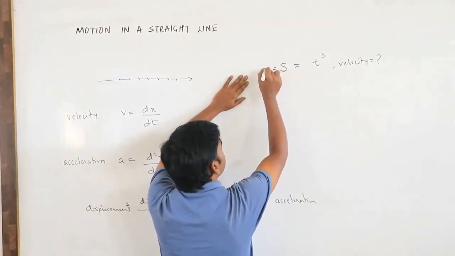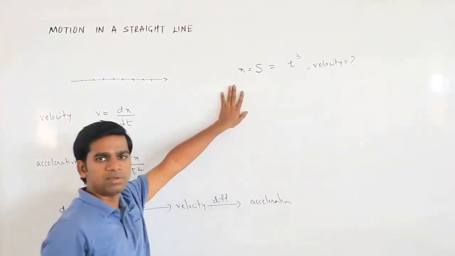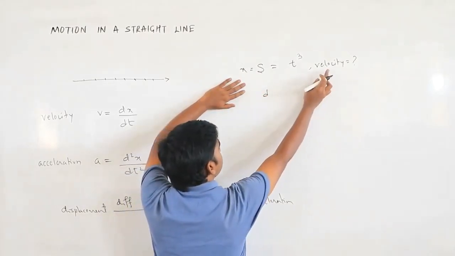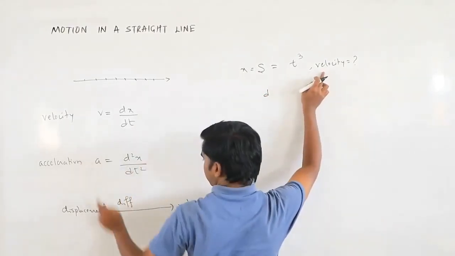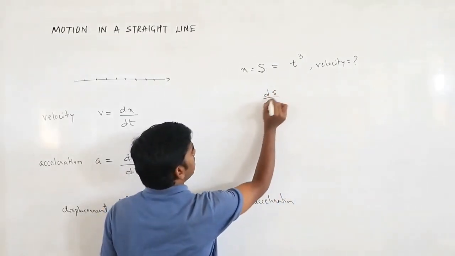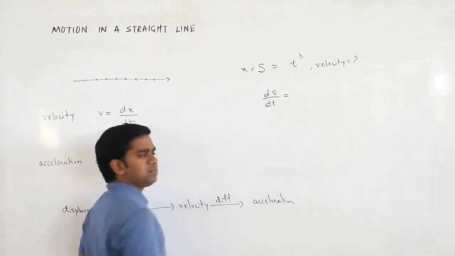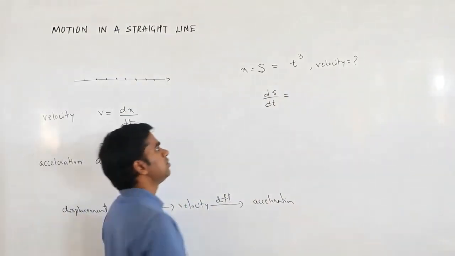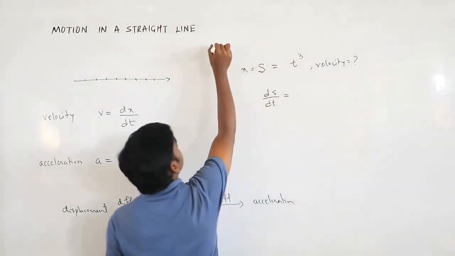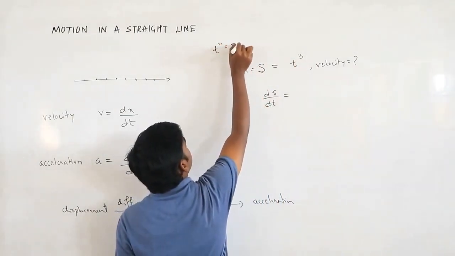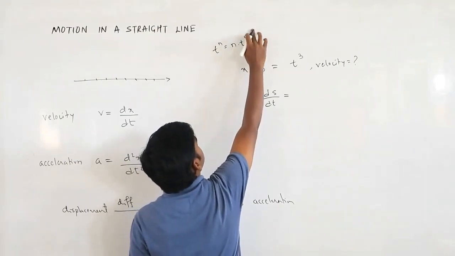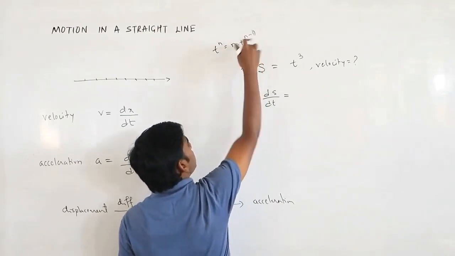To calculate velocity you have to differentiate one time, and you get velocity. So ds by dt is the derivative of t raised to n, which is n into t raised to n minus 1.